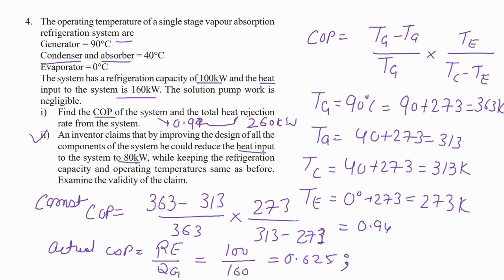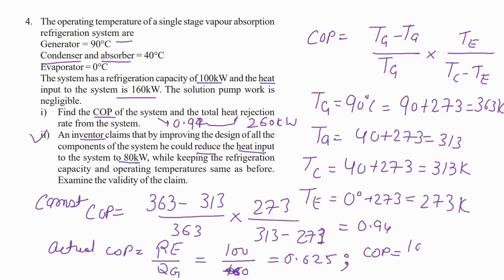Now, what the inventor is saying is that he can design a system in such a way that he can reduce the heat input to 80 kilowatt. So the amount of heat input to the system can get reduced.